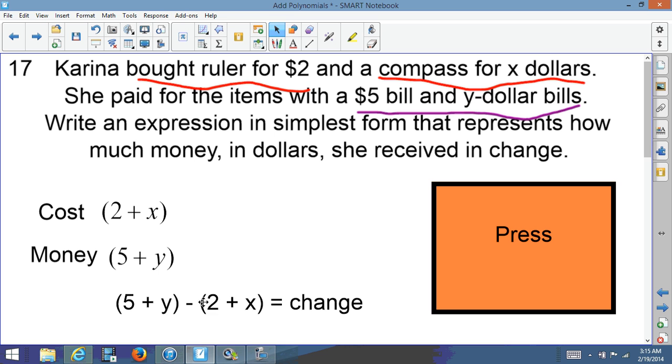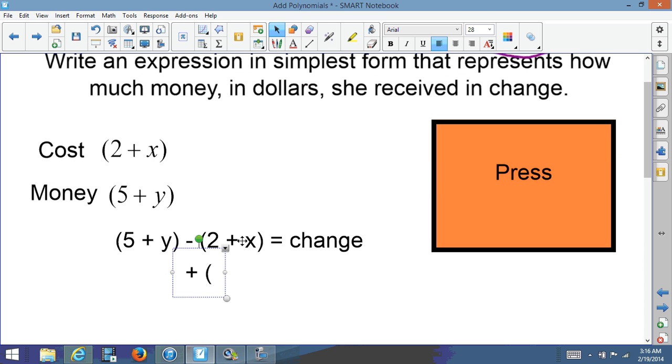So remember your rules for simplifying. Change this to an addition problem, and everything else inside the parenthesis gets changed to its opposite. So the 2 gets changed to a minus 2, and the x gets changed to a minus x.